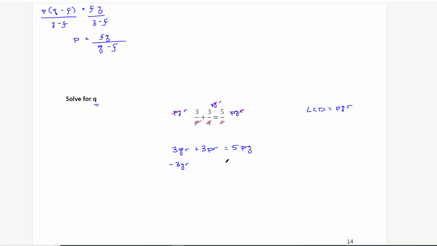If you want to write yourself steps for a question that looks like that: step number 1, multiply by the lowest common denominator. Step number 2, get the Q terms on the same side, so that you can then factor out the Q. And then divide.